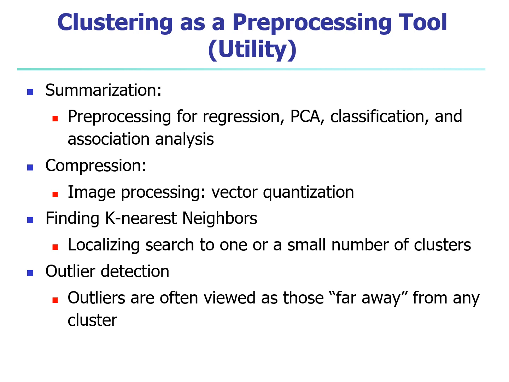In summarization, we use it when we want to do pre-processing for regression, PCA, also for classification, or in association analysis. Compression is actually an application of image processing. So we use clustering to compress images, to make them have less size.